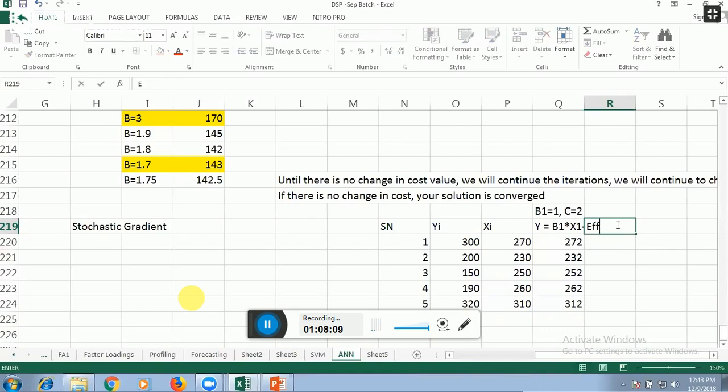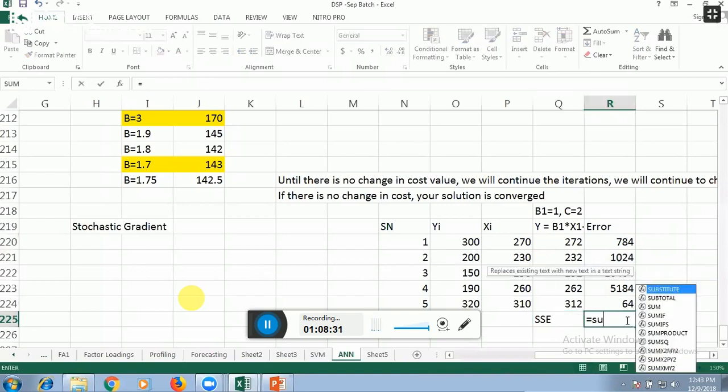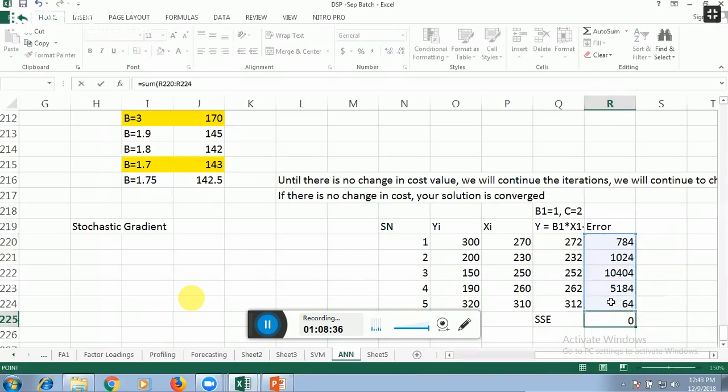And what is your error? Sum of squares of errors. First you take the square of the error, which is this minus this, and the sum of squares of error is SSE. Total error is the sum of all. So for beta 1 equal to 1, constant equal to 2, my SSE value is this much.